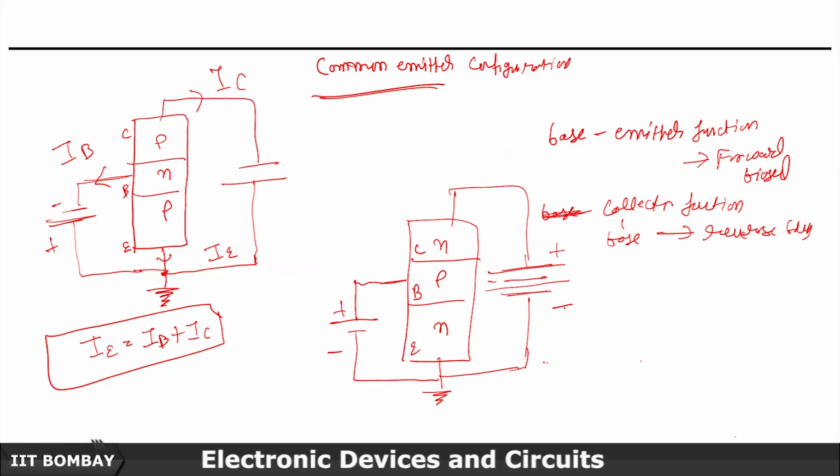This is the common emitter configuration for the NPN case, and this is for the PNP case. The only difference is that the emitter is common here, the rest is the same.